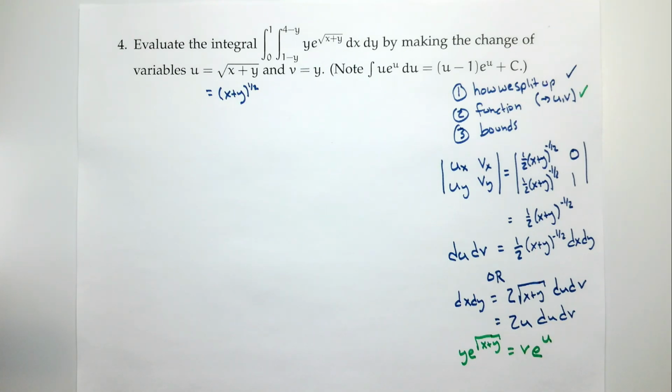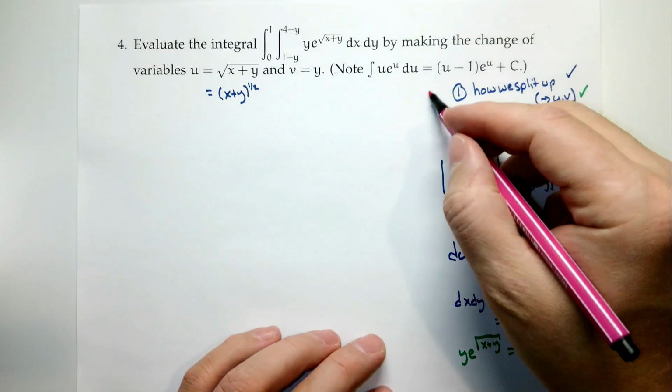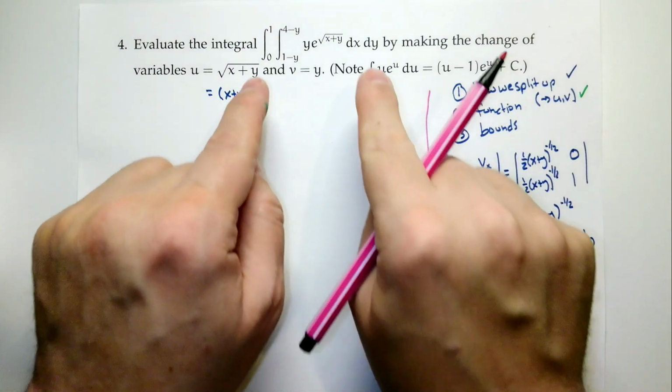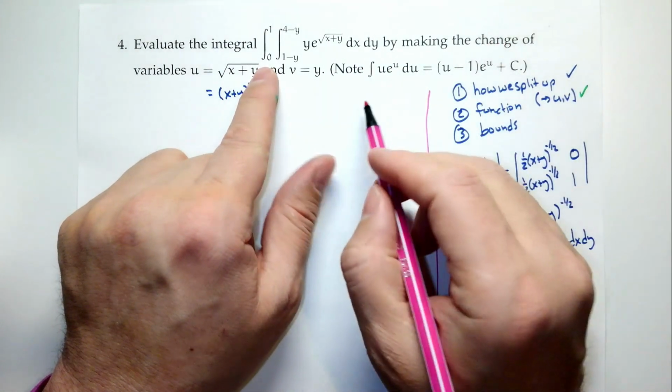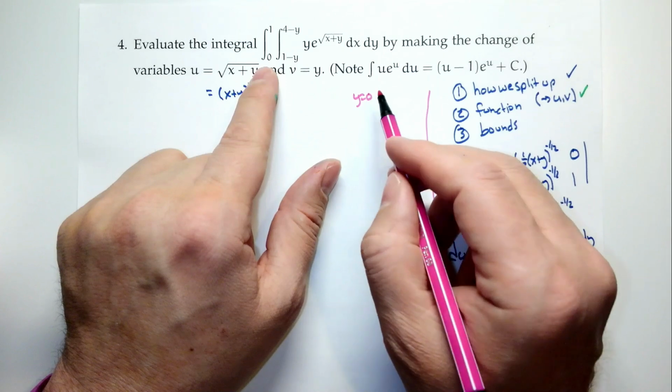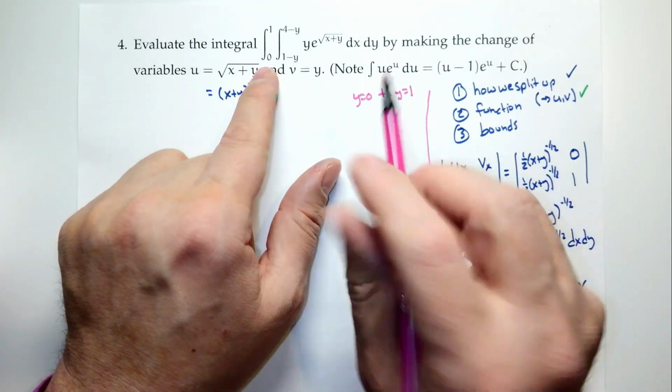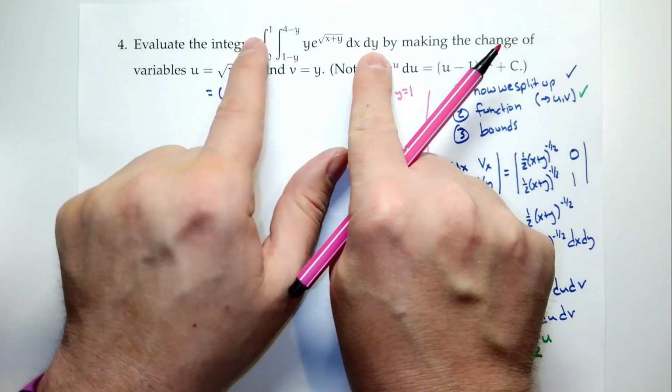Now the interesting part. Okay, so let's think about our bounds. Let's figure out what the current bounds are. On the outside, we're told we go from y equals 0 to y equals 1.